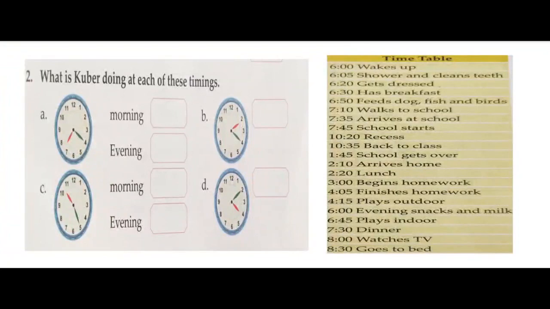Now, what is Kuber doing at each of these times? So the first clock, you can see that it is showing 7:20. So here exactly 7:20 is not there. So you can write at 7:20 in the morning, Kuber is walking to school. Yes, because he starts walking at 7:10 and arrives at school at 7:35.